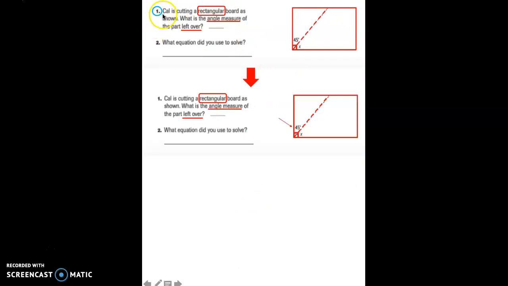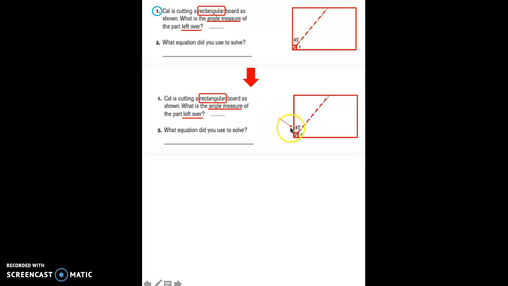Let's try number 1. Cal is cutting a rectangular board as shown. What is the angle measure of the part left over? So we know our shape is a rectangle. We are looking for the angle measure of the leftover part. So here's my diagram at the right.